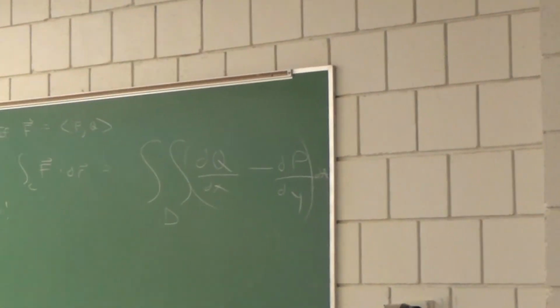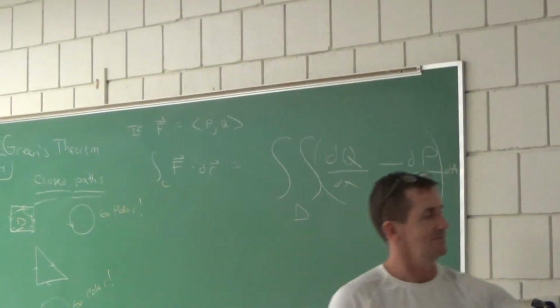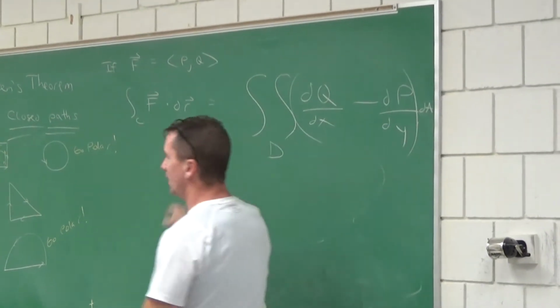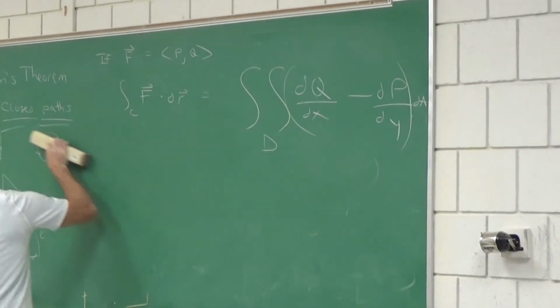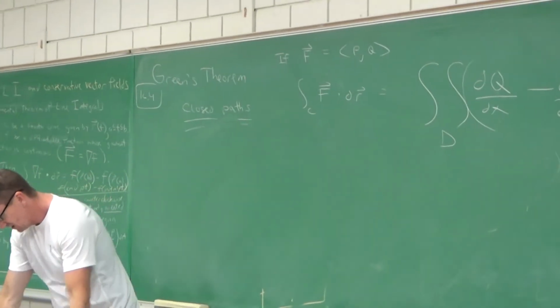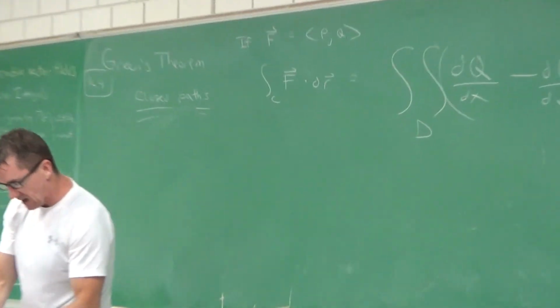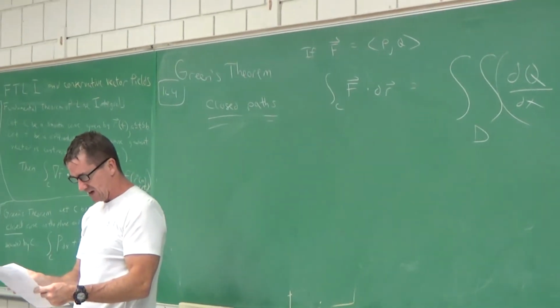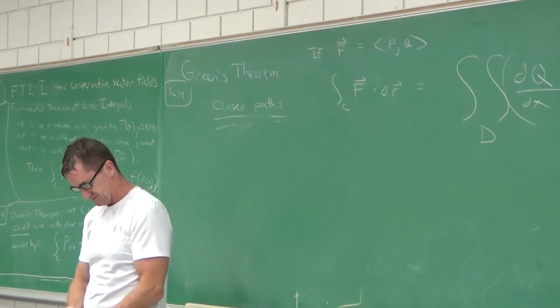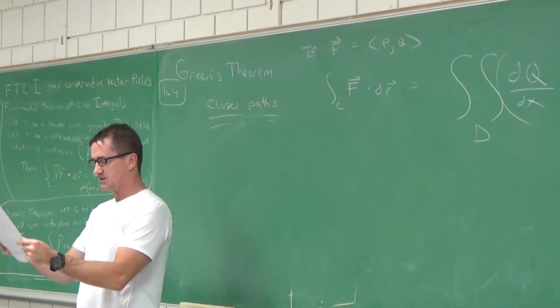Let's see, here's my first one. Let's use this theorem. When do I use this theorem? For closed paths. So here's the first one. Can you compute the work done by a vector field? This is from the problems if anybody wants to read it off their sheet.